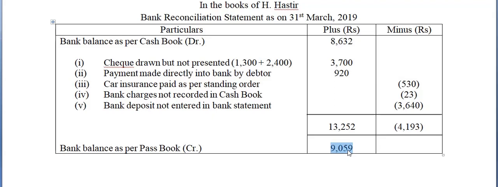So you will write the difference on the plus side only, because the total of the plus side is more. So you will write 9059. And we already know that when the question starts with the cash book, you get the answer as the passbook. So this is your balance as per the passbook. Since it is on the plus side, you will record it as a credit balance of the passbook. So that was question number 5.